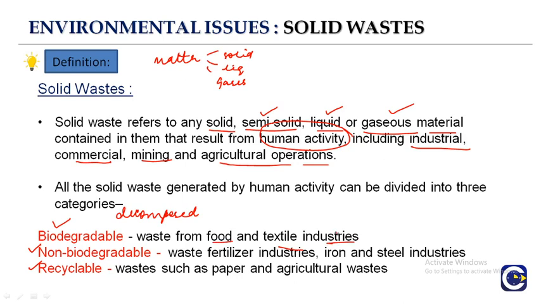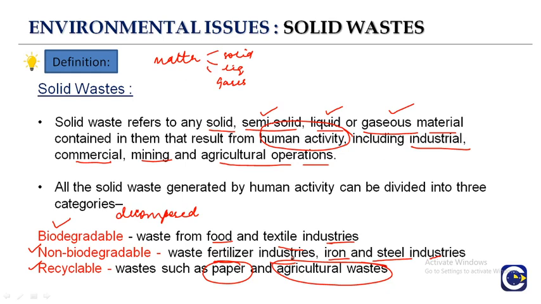Then we have non-biodegradable waste, which cannot be decomposed by microorganisms or microbes, like waste from the fertilizer industry, iron and steel industries, etc. Next we have recyclable, which means waste that can easily be recycled, like waste from paper or agricultural waste. So this is known as biodegradable, non-biodegradable, and recyclable, right?